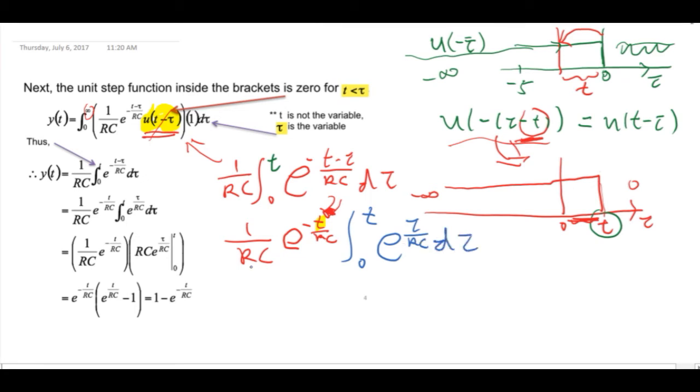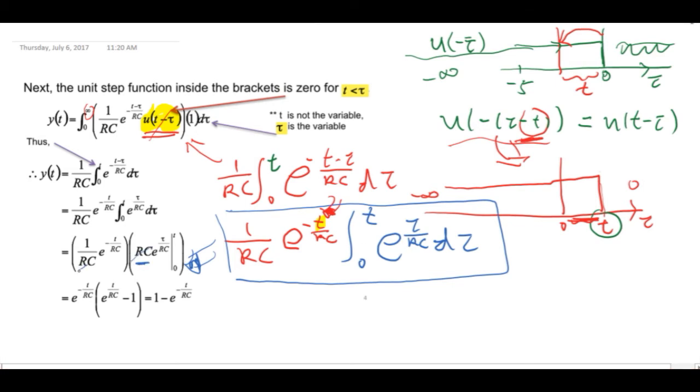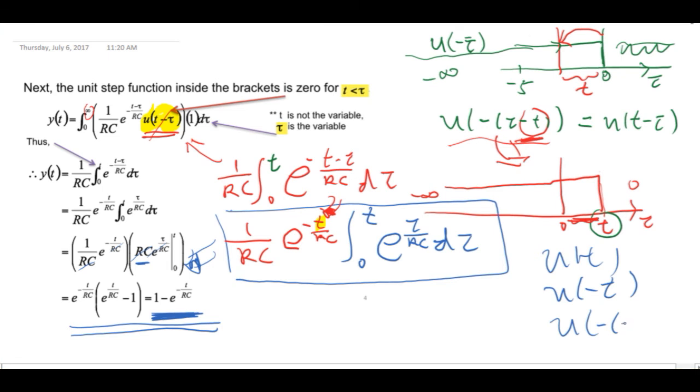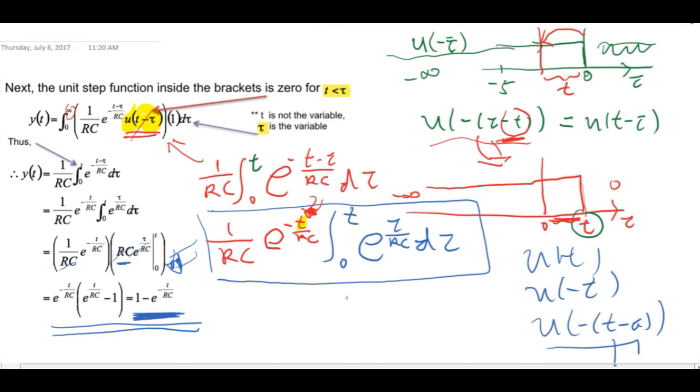Once we come to this form, it becomes conventional integration. The RC and RC cancel, and this one times this one becomes 1, so we get this particular answer. This is why it is so important that we understand what u(t) is, what u(minus t) is, and what u(minus t minus a) is, something like that.